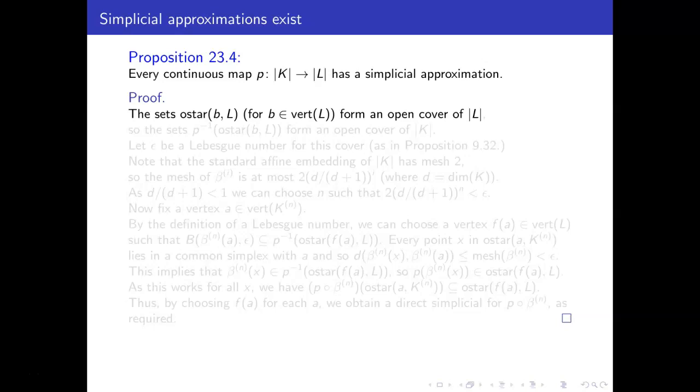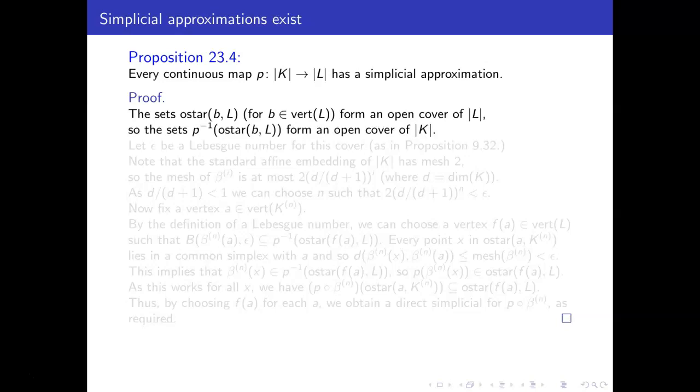We're going to do the same sort of thing here. So we look at the open stars of the various vertices of L. Remember, the open star of B is the set of points where the coefficient of B is strictly positive. That's clearly an open set, and every point in the realization of L has a positive coefficient for some vertex, so that proves that the open stars of the vertices B in L cover the realization of L.